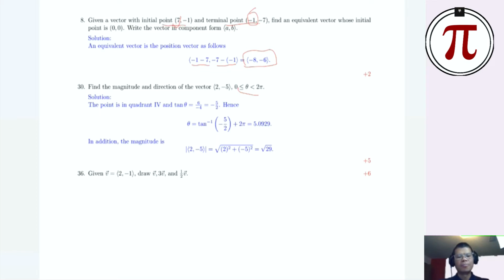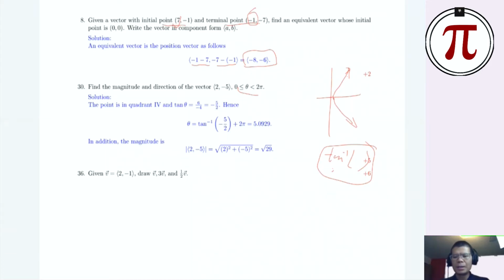Okay, so for this one, there is a subtle difference between this and the one we discussed in class. What we said is if it is in quadrant 4, then you can just use tangent inverse of whatever this one is. So in quadrant 1 or quadrant 4, you can just use inverse tangent of something.